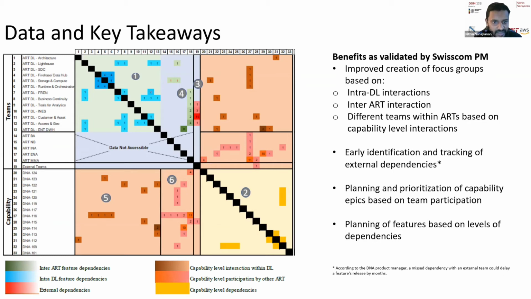And planning and prioritization of capabilities, that is the product, based on the dependencies with the team could be a potential benefit, because the Scrum Masters can then consider the availability of the team and staffing needs in accordance with what capacity is required to deliver a particular capability and plan accordingly well in advance.